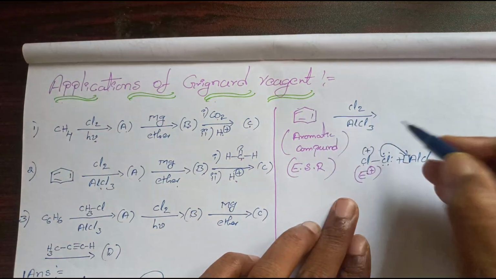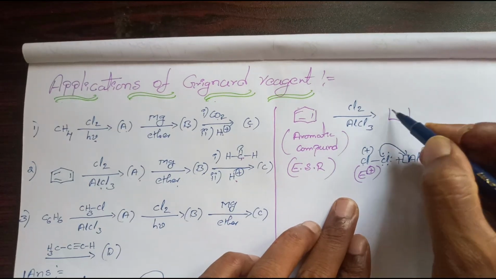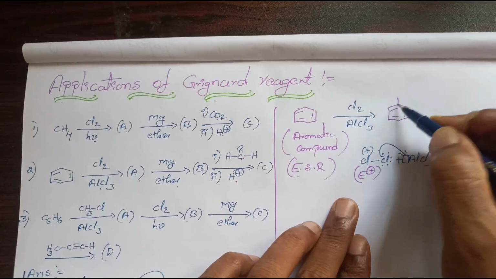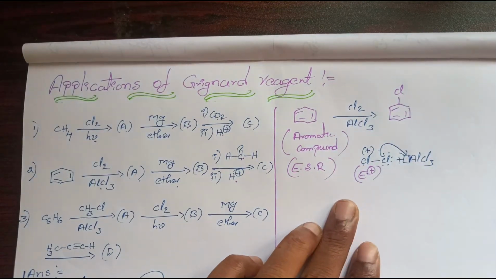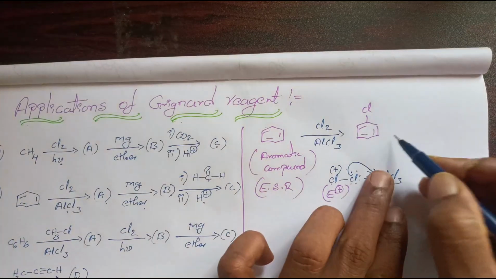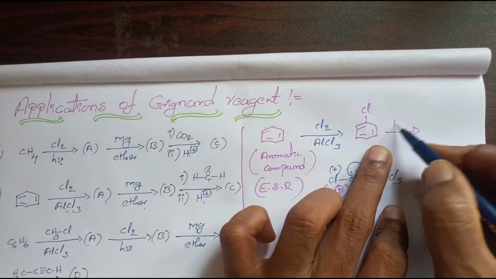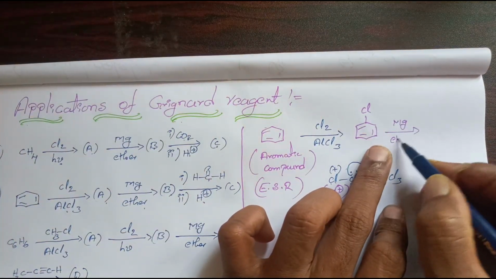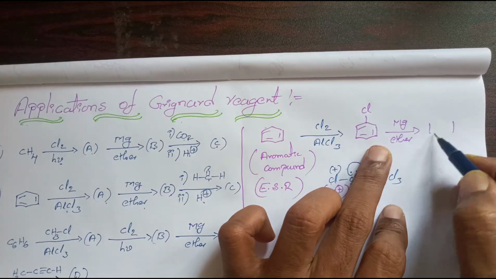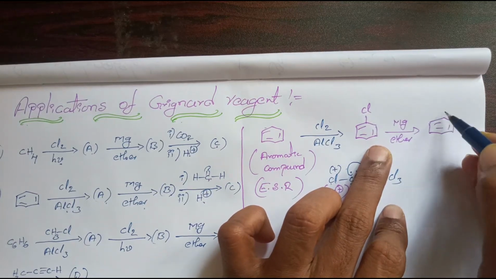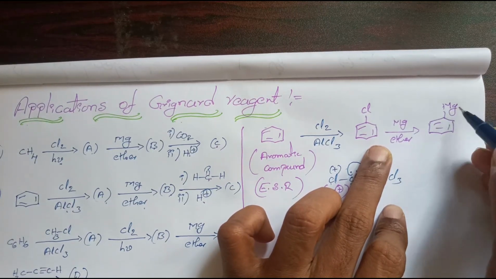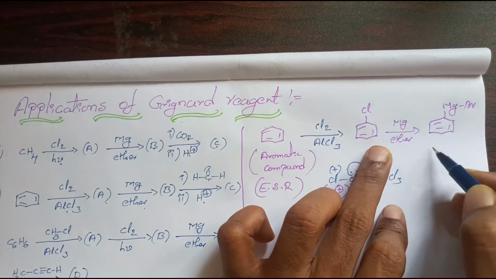This electrophile attacks the benzene ring. So benzene undergoes electrophilic substitution, giving chlorobenzene. Now chlorobenzene reacts with magnesium and ether. What is that product? Grignard reagent.